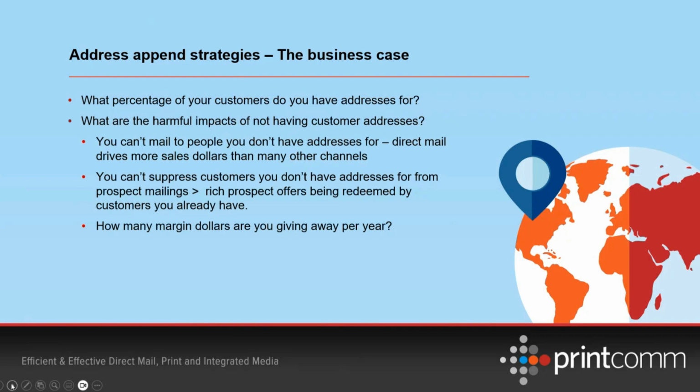Now, maybe I spend $500,000 on direct mail. I mail out 1 million pieces, 50 cents a piece. And I got $2 million in sales back. That was only 200% ROI.